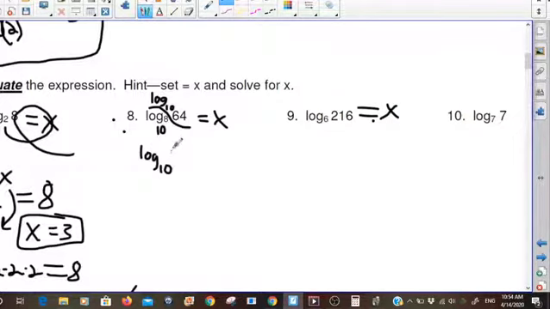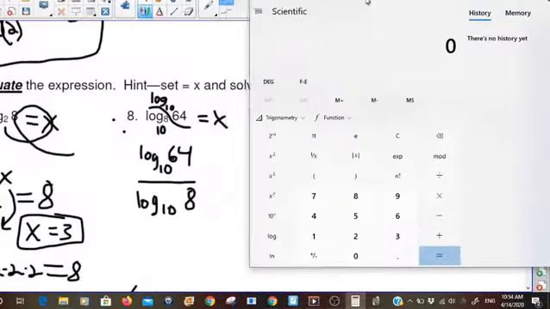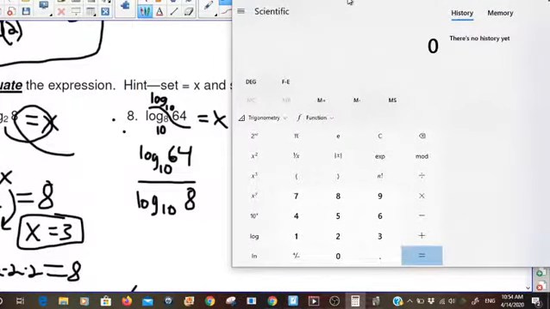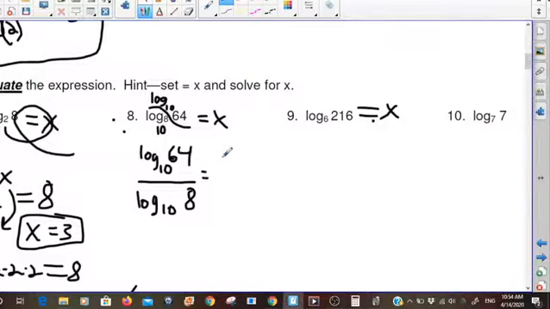So instead of log base 8 of 64, it's going to be log base 10 of 64 divided by log base 10 of 8. And so this is the change of base formula, which puts them both on the same playing field and helps you to be able to use a regular calculator like your phone or maybe just a function on the calculator. So we're going to do 64 log, so that's 1.806.